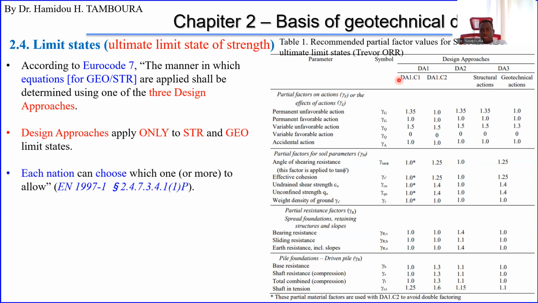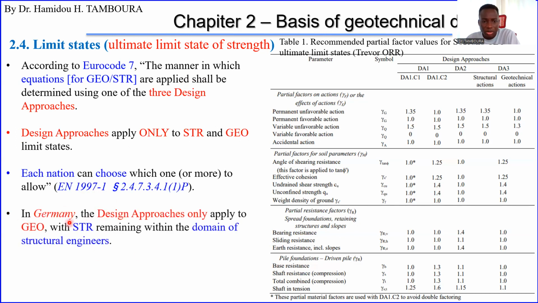You can choose which of these design approaches is suitable for your country, and which of these partial factors are suitable for your country also. So each country has to choose. You can check the reference.